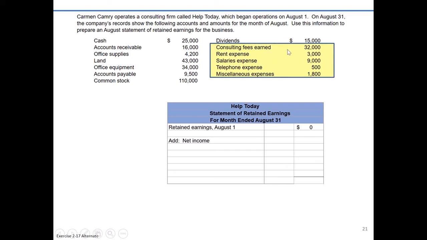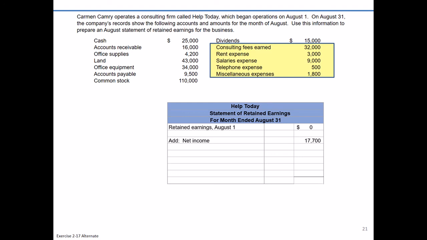We took total revenues of $32,000, our consulting fees earned, and subtracted the expenses or cost of earning those revenues in order to figure out our overall net income or net loss. That included rent expense of $3,000, salaries expense of $9,000, telephone expense of $500, and miscellaneous expense of $1,800. $32,000 minus each of these individual expenses was $17,700.